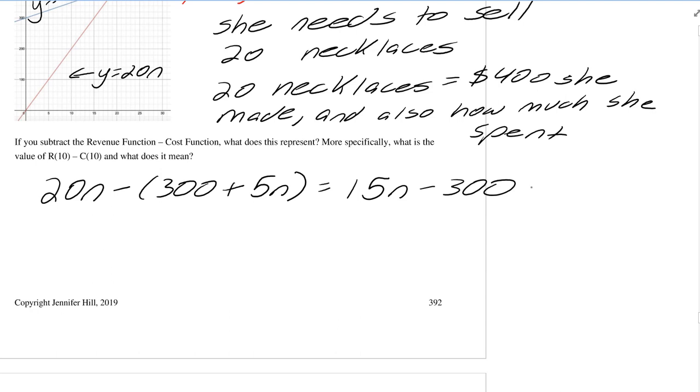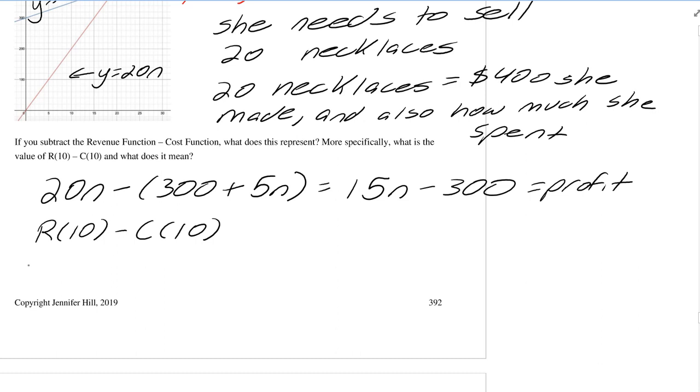So what does this actually represent? This represents the amount of actual profit she might make. So if I look at R of 10, the revenue with 10 plugged in, minus C of 10, what would this equal? Basically, what happens if I plug 10 into the two functions that I have?